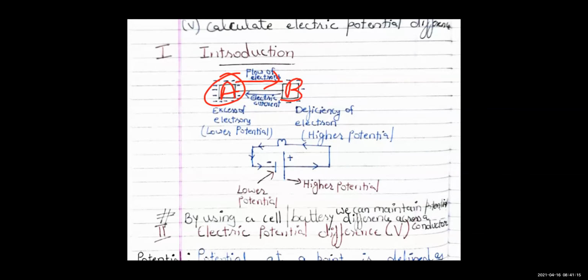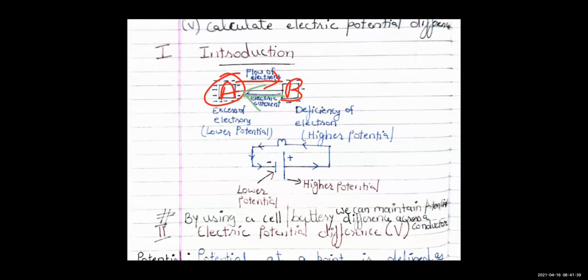But we know that opposite to the flow of electrons is your electric current, right? So green color is the direction of your electric current, that is from positive to negative. So whenever in a circuit you are drawing the direction of current, from where you will show?